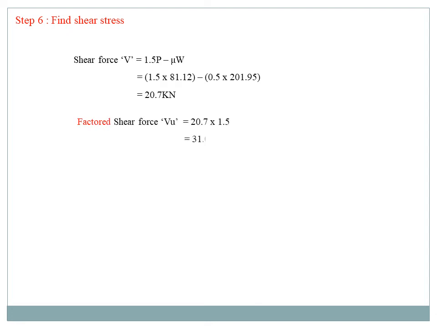Then the factored shear force Vu is equal to 20.7 into 1.5, where 1.5 is the load factor, so 31.05. Then shear stress tau v is equal to Vu by BD. So Vu is equal to 31.05 into 10 power 3 divided by B is equal to 1000, D is equal to 400 mm. So tau v is 0.077 Newton per mm square.